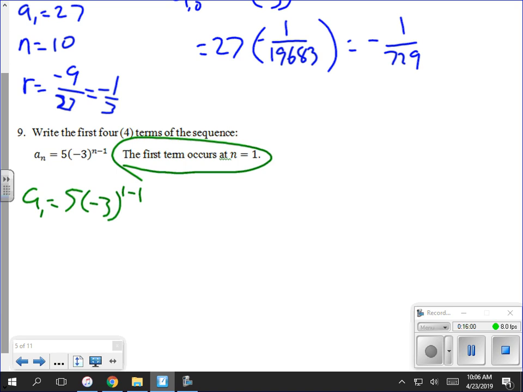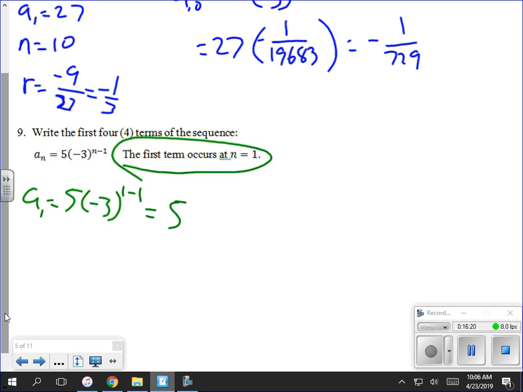Negative 3 to the 0 power is 1. 1 times 5 gives me 5. Do not make the assumption that it's the number in front, because if your power is not n minus 1, it won't be the number in front. Plug 1 in for the exponent and simplify. It's the best thing you're going to do to get it right.